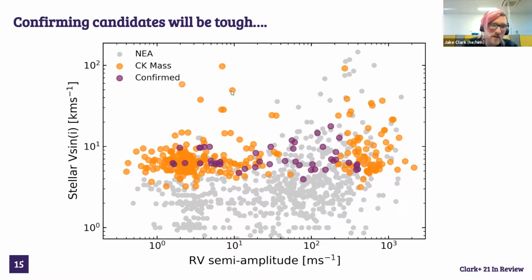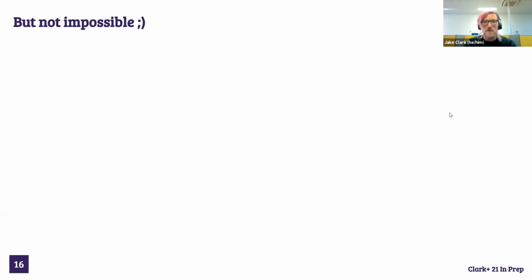And you can see up here, where the stellar v sin i is high, you get the broadening of the lines, which makes the precision of the radial velocities just incredibly hard to follow up and confirm mass measurements, especially with stars with rotational velocities greater than, say, 20 to 30 kilometers per second.